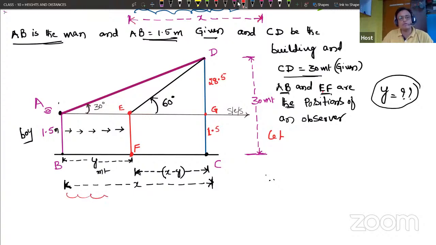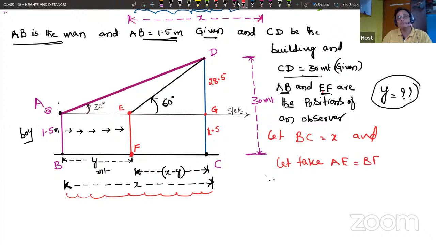The total distance between the boy and the building is X. Let BC be equal to X, and AE or BF is equal to Y meters. Therefore, what is CF? The CF will become X minus Y, because after adding both, it should be X. Minus Y plus Y gets cancelled, therefore X.